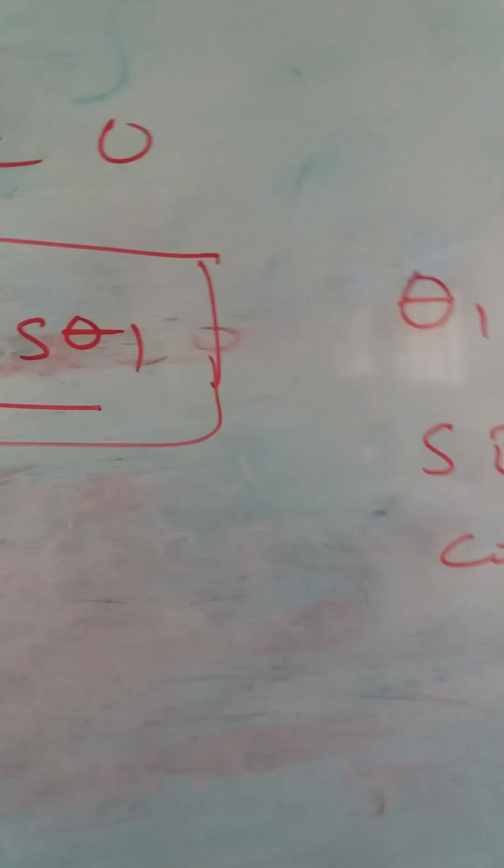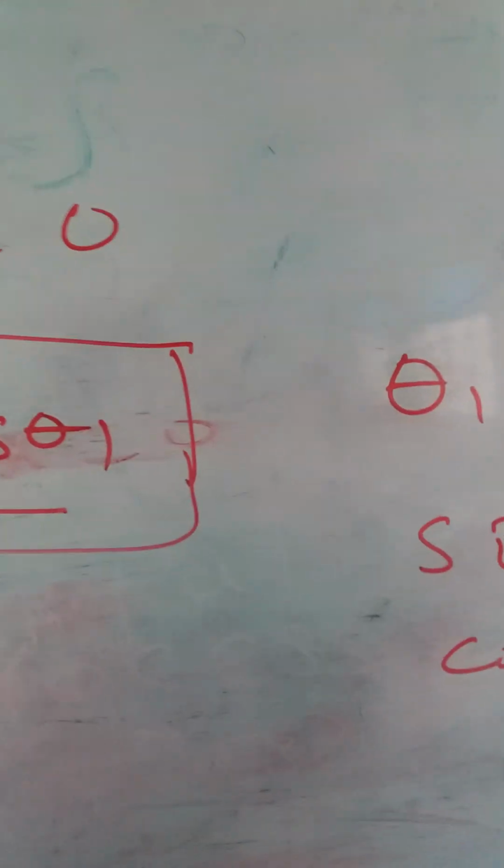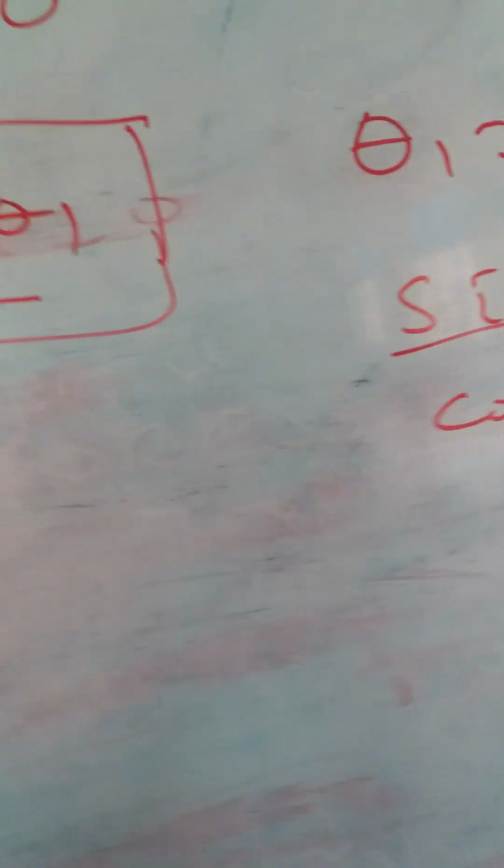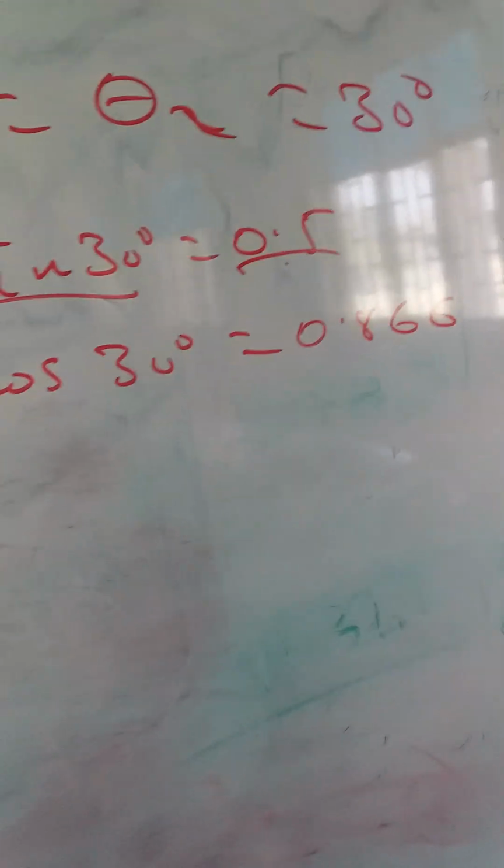Theta 1 and theta 2 are given as 30 degrees, and then sine 30 from the table or calculator is 0.5, cos 30 is 0.866.